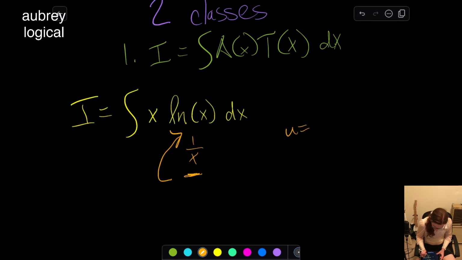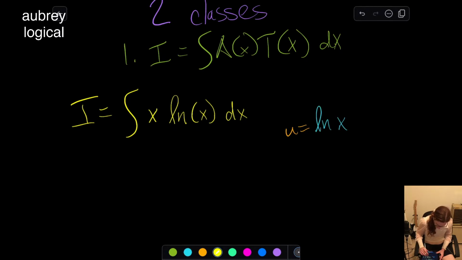One of the two, algebraic or rational. And this is a transcendental, so it becomes easier. So since this is the case, u is going to become the ln of x.